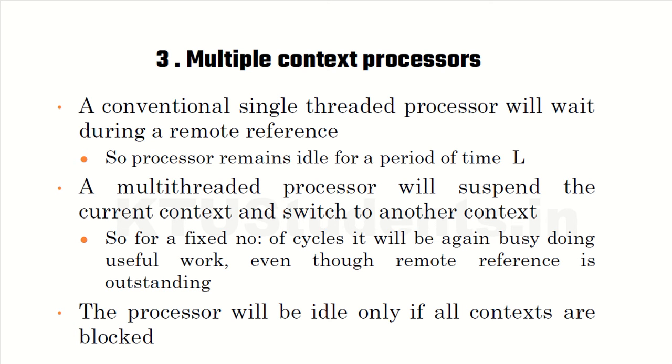Even if you have a remote reference, you will have to waste some cycles, of course. But if you can properly schedule the instructions, if you can properly perform context switching between the instructions, then you can also hide this wastage of cycles. Then the processor will be idle only if all the contexts are blocked. So that is the advantage of the multiple context processor.